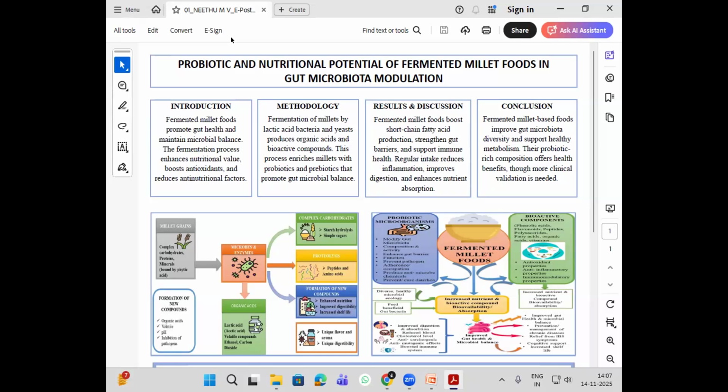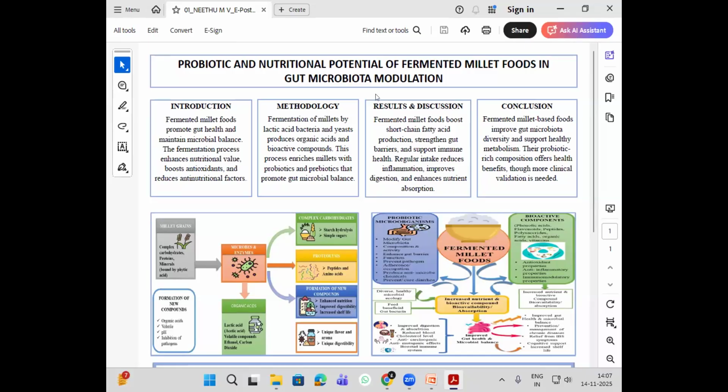In our gut, it will increase good barrier bacteria like bifidobacteria and lactobacillus, and also decrease pathogens like E. coli and Clostridium perfringens.